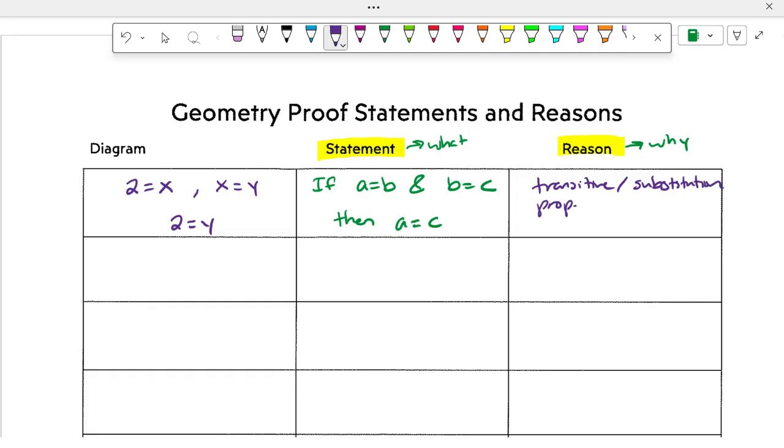Transitive. And basically all it means is that we take the common letters and we remove them and then set what's left equal to each other. That's all it means.